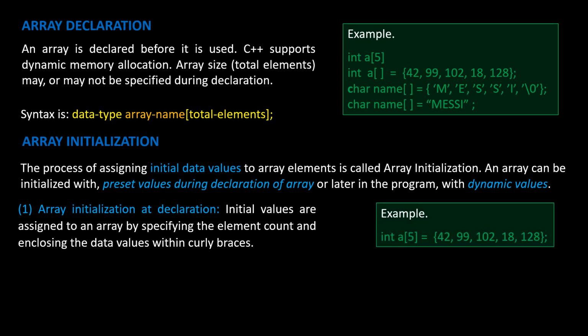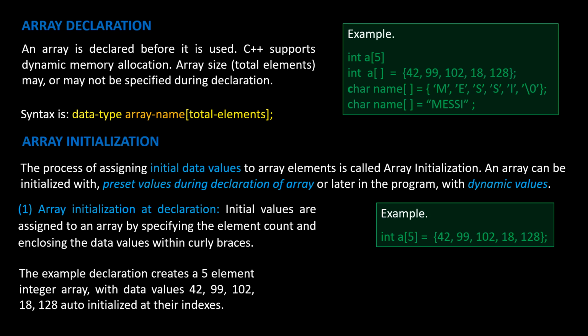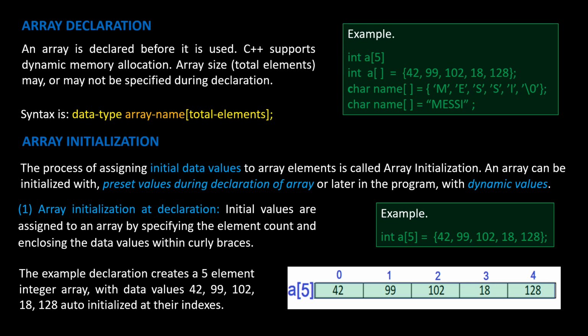For example, int a[5] = {42, 99, 102, 18, 128}. The example declaration creates a 5-element integer array, with data values 42, 99, 102, 18, and 128, auto-initialized at their indexes, like in here.